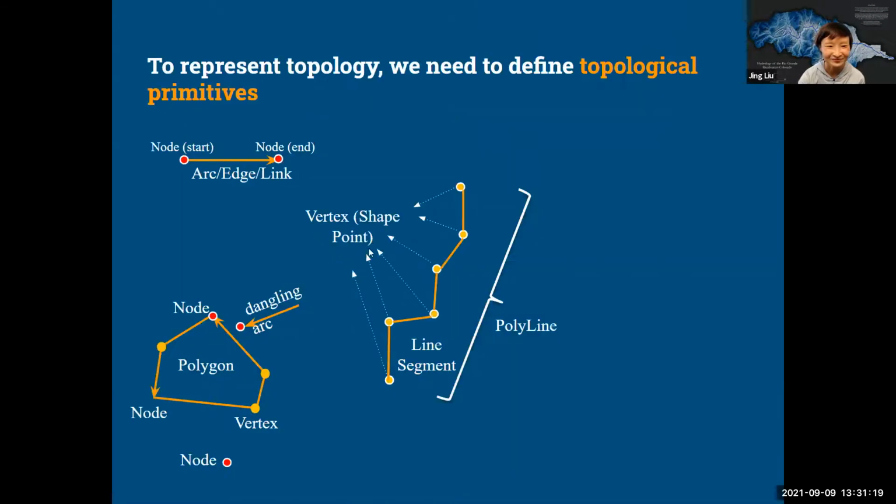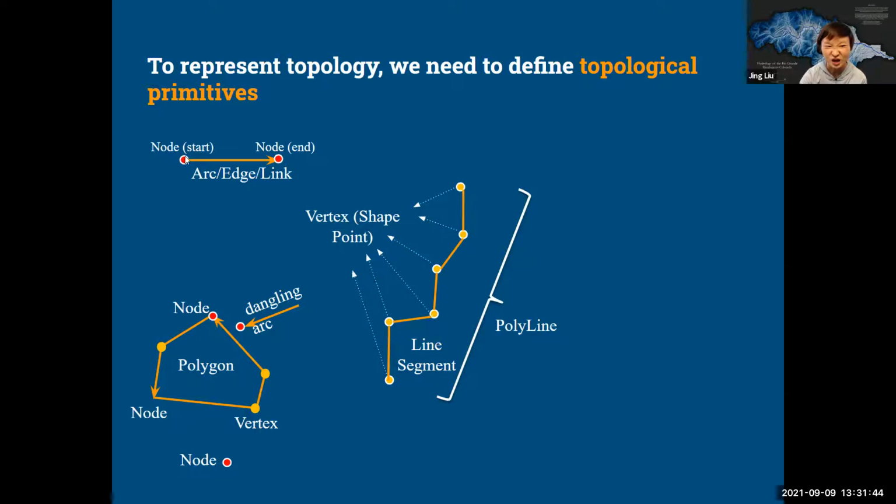Okay. All right, then how to encode your topological information? Just the knowledge part, okay? You need to give unique names to those points, lines, and polygons because they play different roles in your topological data model.